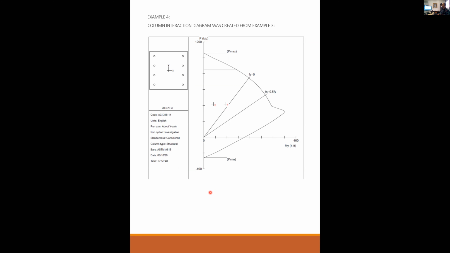So no, they have no limit on delta S. But what they say is when it's all said and done, the amplified moment can't be more than 1.4 times the total original moment. So they put the restriction looking at the total, not just the delta sway part.